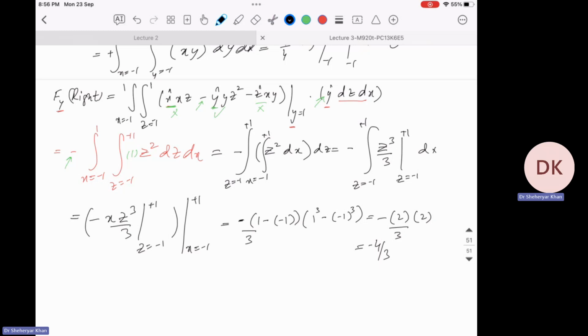Okay, so it's 2. So z is upper minus lower, z cube minus lower value. So 1 cube is 1 and minus 1 cube is also 1. So this is 2, so 4 minus 4 by 3 is out. Very careful.